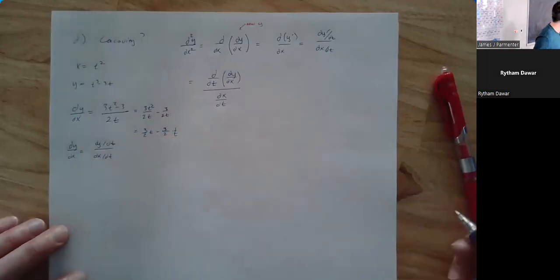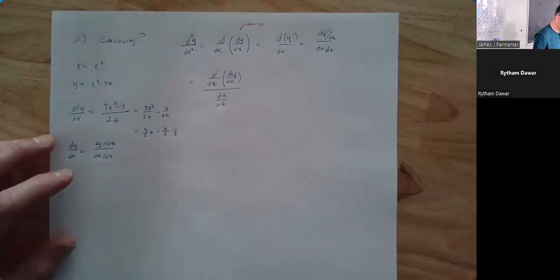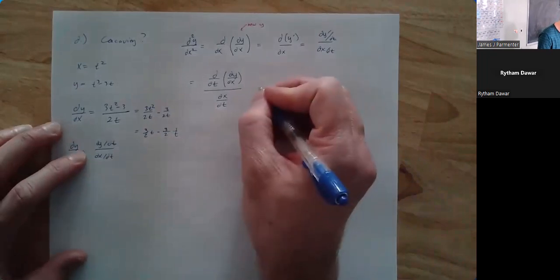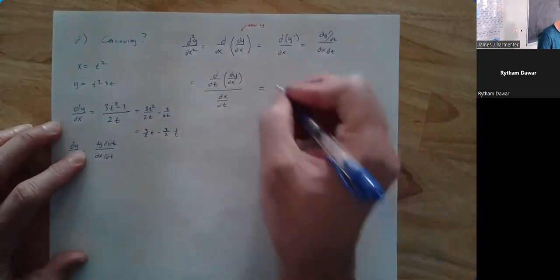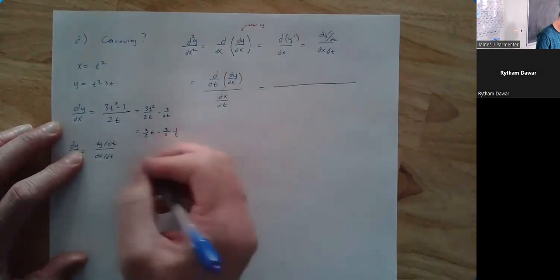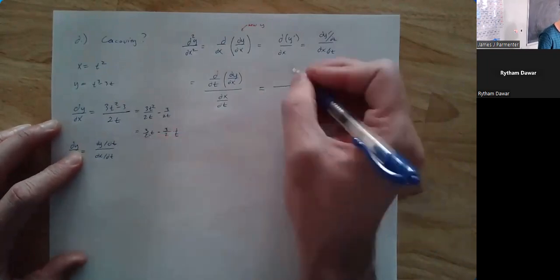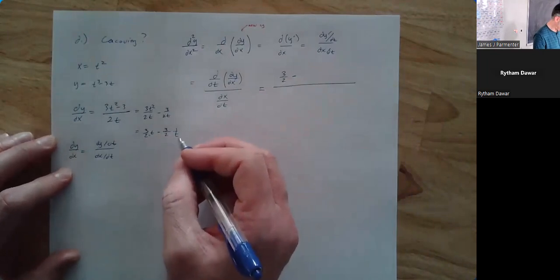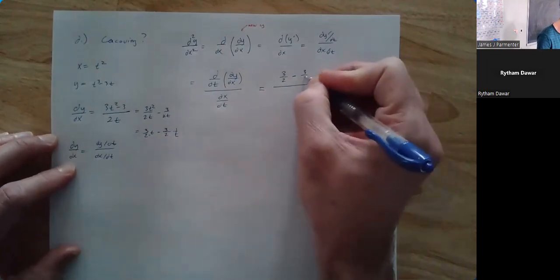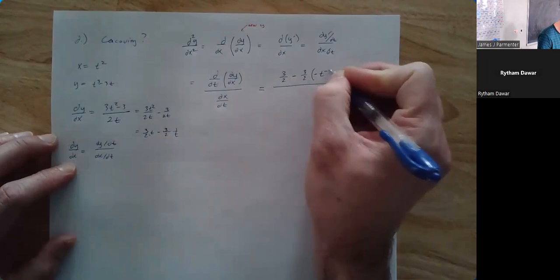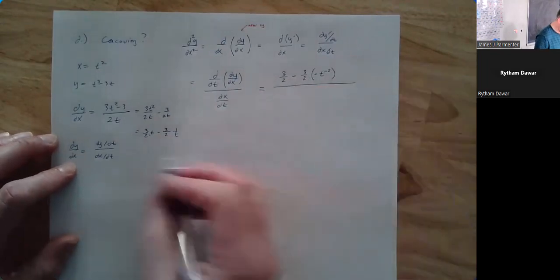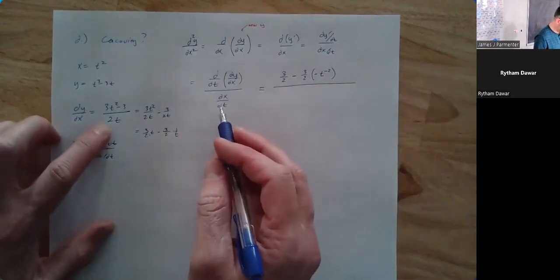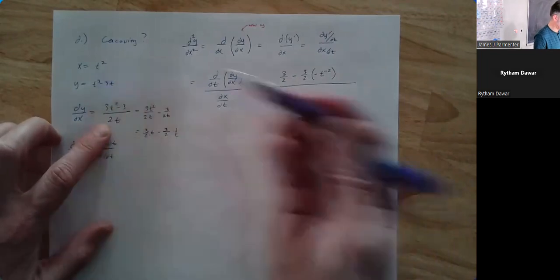It's a little bit easier to differentiate. So the derivative of 3 halves t is just 3 halves, and the derivative of t to the negative first is negative t to the negative second, divided by dx/dt, which is still 2t like it was before.